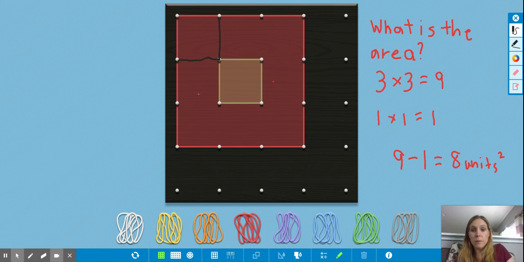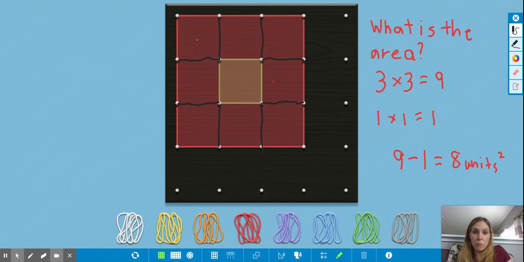That's 1. Then I have another one here. That's 2. This would be 3, 4, 5, 6, 7, and this is 8.